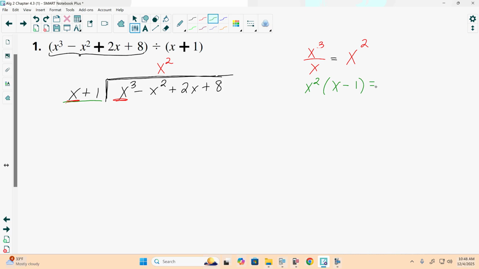Now at this point, we're going to distribute the x squared. X squared times x is going to be x cubed, x to the third. X squared times negative 1 is negative x squared. Now that we have this, we're going to put it under here, and then we're going to subtract.